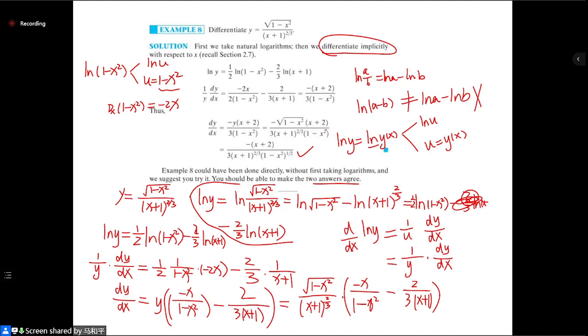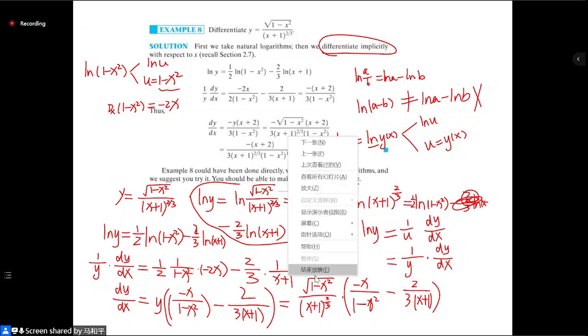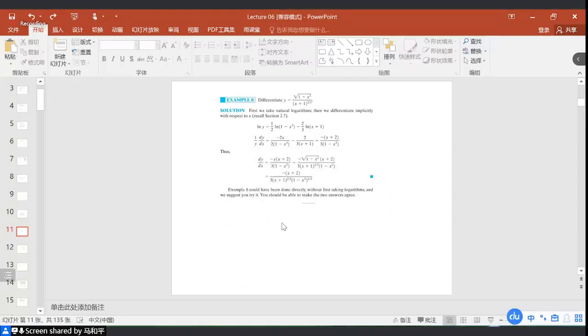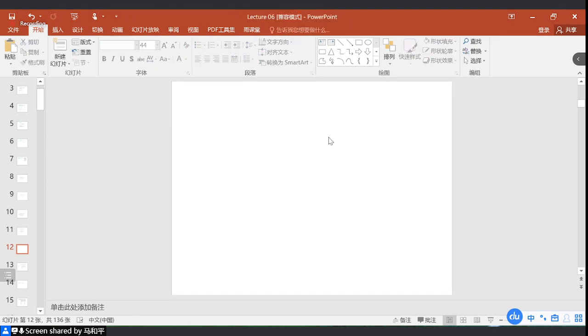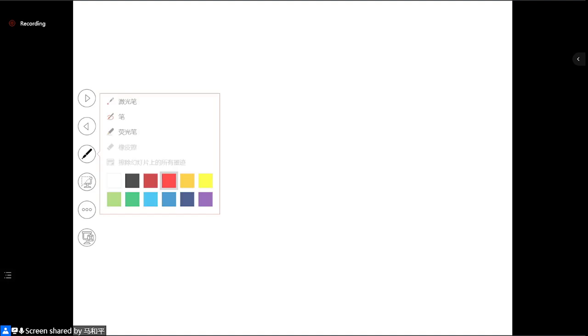You can first take logarithms, and then differentiate implicitly. Do you understand example 8?